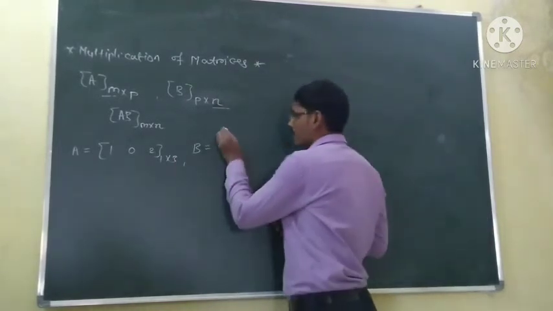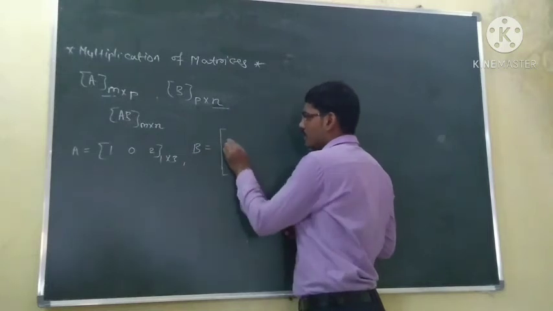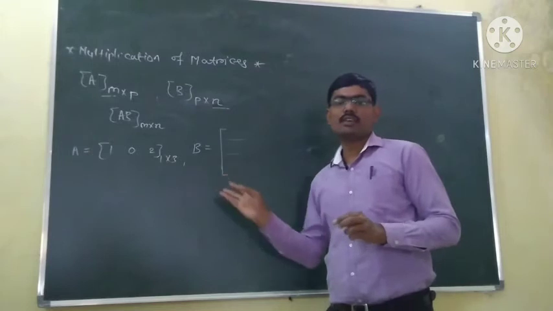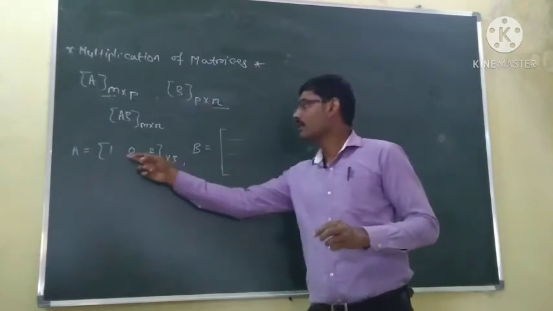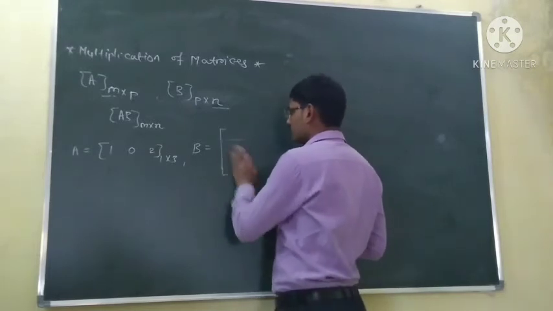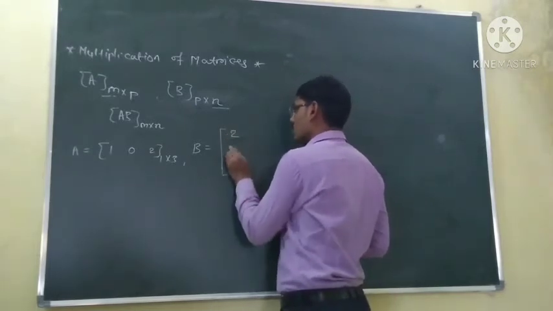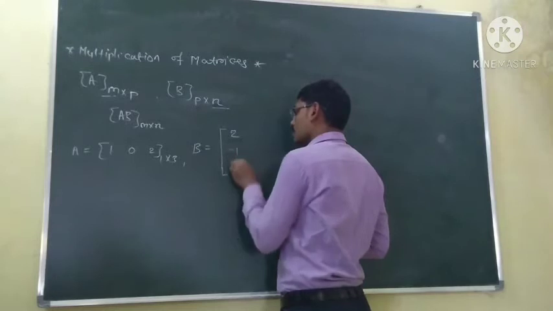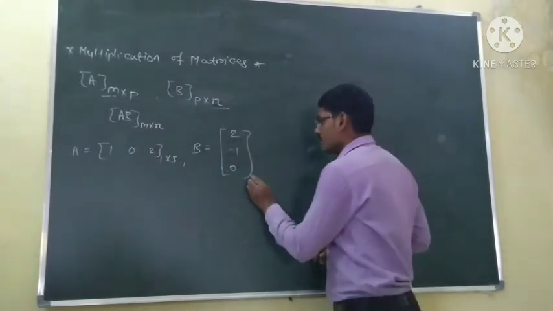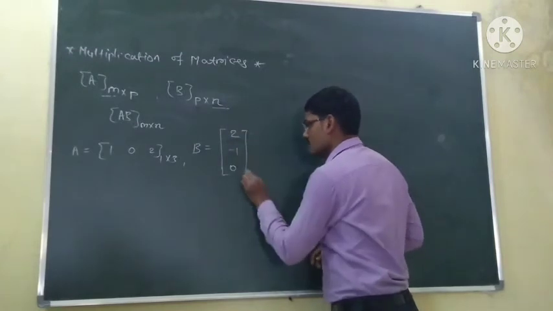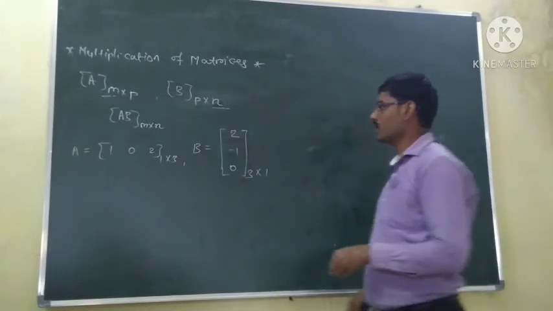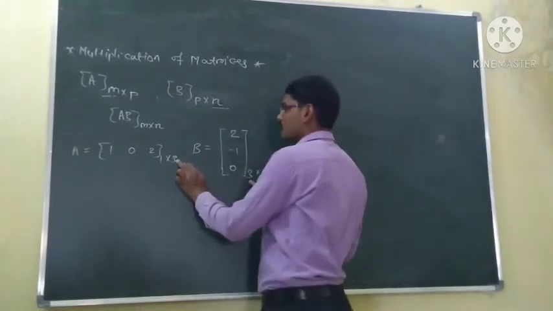Then only can we take the multiplication A into B. So we take the matrix B as 2, minus 1, 0. I take the matrix such that its order is 3 rows and 1 column. So no problem, here 3 columns, here 3 rows.